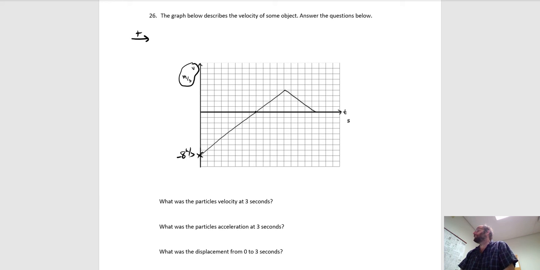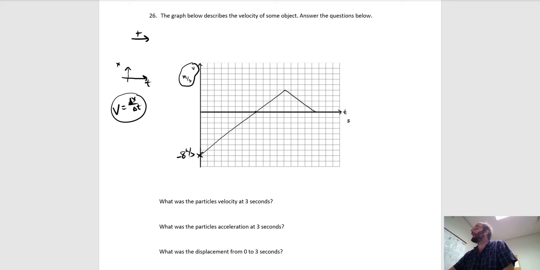All right, so just making sure everybody thoroughly understands what that's saying. This one says to find the velocity at 3 seconds. Now, in the previous problems, we were getting velocity by delta x over delta t, but that's because we were looking at graphs of x against time, and we were using slope to do so.